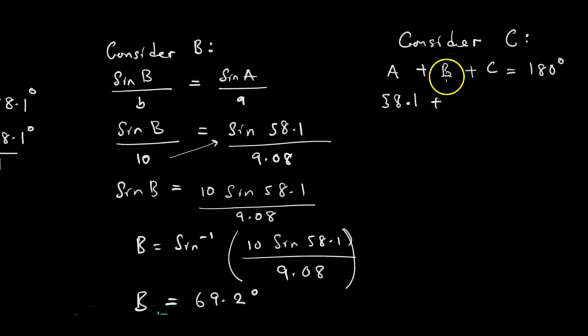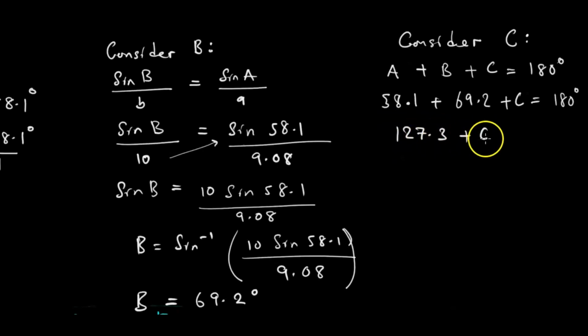We know that angle B the calculated one is 69.2 plus C is equal to 180 degrees. So 58.1 plus 69.2. We can put that in our calculator. 58.1 plus 69.2. What do we get? 127.3 plus C equal to 180 degrees.